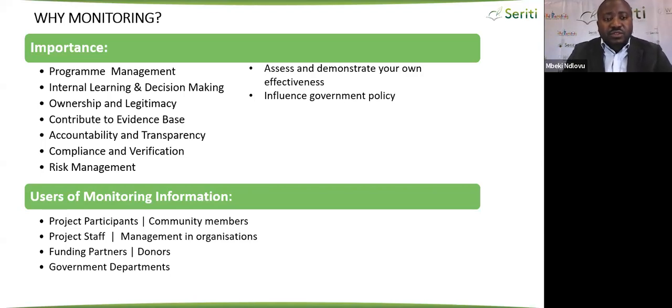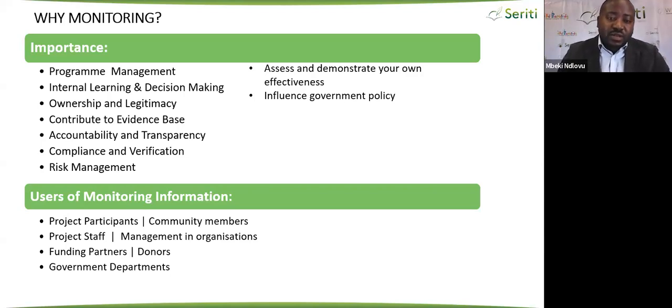Now, on the issue of who's supposed to be using this monitoring information, I must say that usually there is a tendency to focus on funding partners and the program management teams, because they prepare those and quickly send them to funding partners.